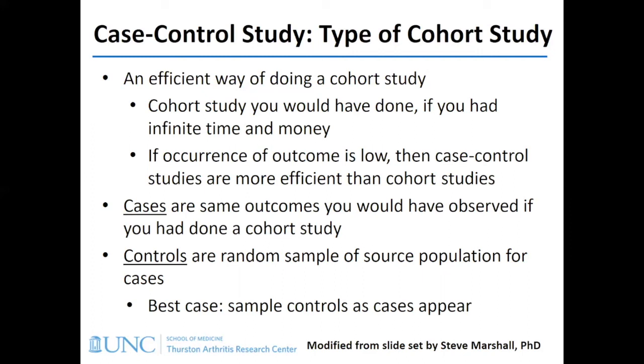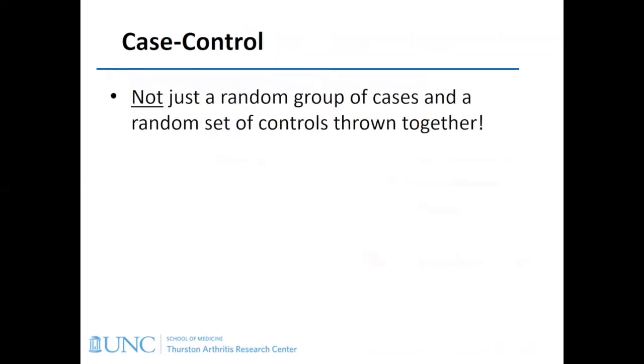In the best case scenario, you try to sample controls as cases come into your study. It's important to know that with a case control study, it's not just a random group of cases and a random set of controls thrown together. Unfortunately, there are a number of publications out there where that's been the case, where they find cases that come into a clinic, and then they identify volunteers from the community to be the controls.